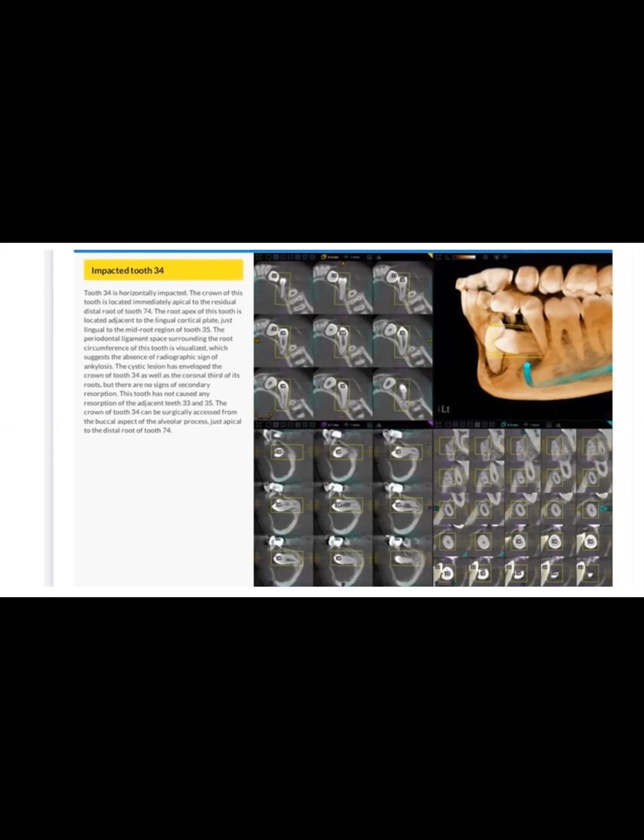If you look at the cuts at the bottom left, and again, if you can agree with me that there is barely anything left in the mandible, right? So what's your treatment of choice?